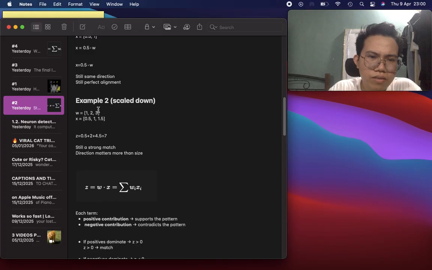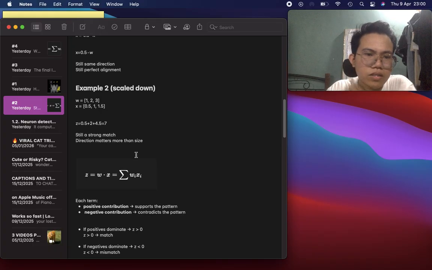They are aligned, because the weights are this high, this low, this high, this high. As you can see, the input pattern also matches, because this is low, this is high, and this is high.